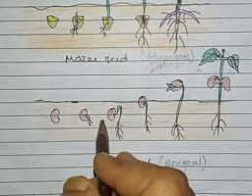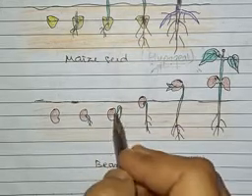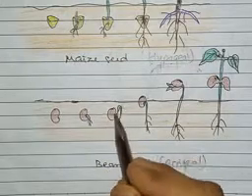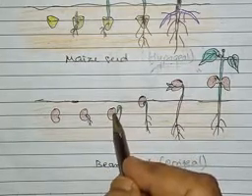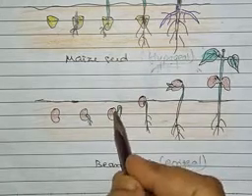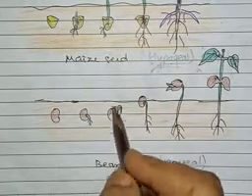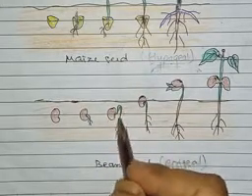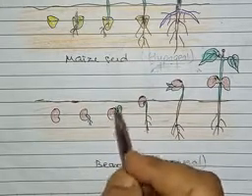After that, what you observe is that the hypocotyl grows. Here the hypocotyl, the region between the point of attachment of the embryo to the cotyledon and the radicle, is growing. The epicotyl is not growing; the hypocotyl is growing, you can see very clearly.